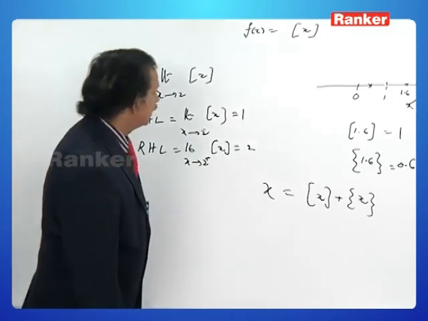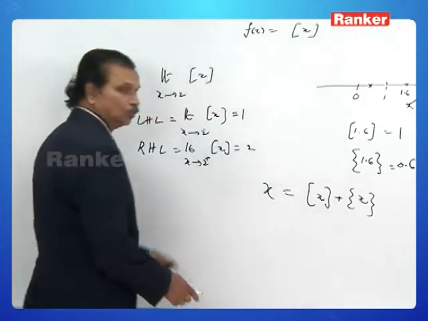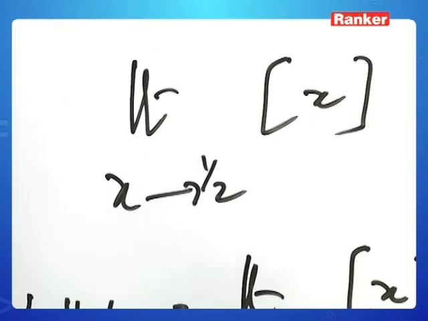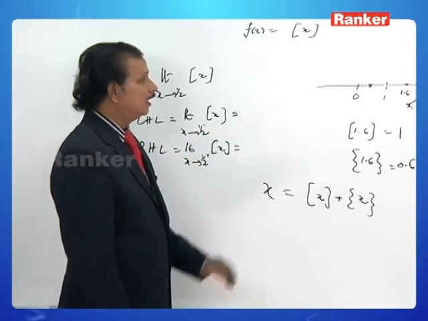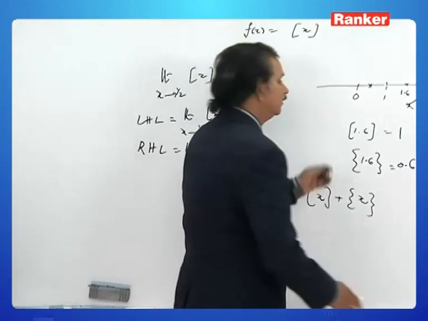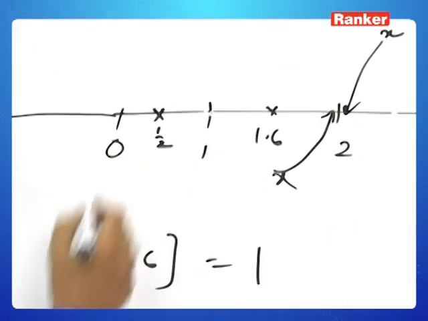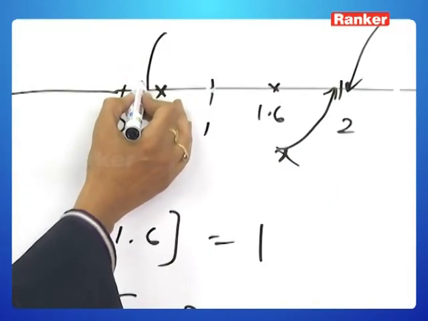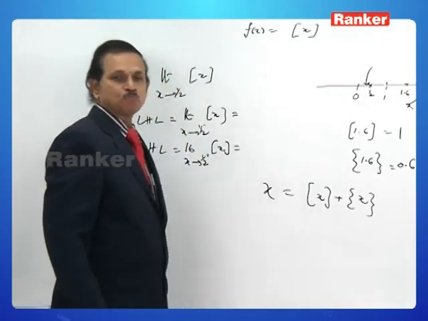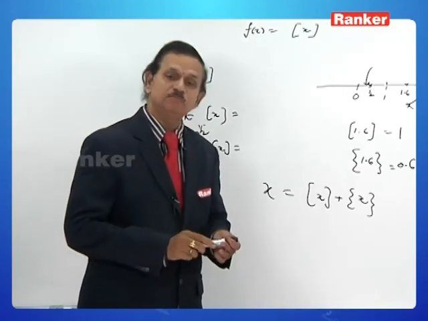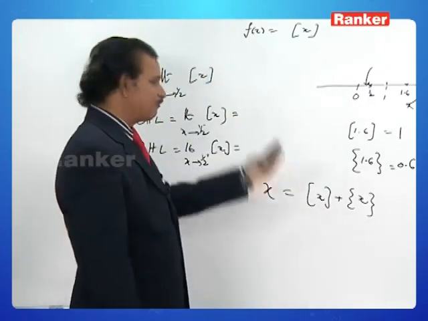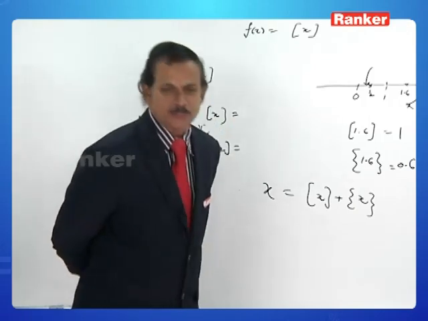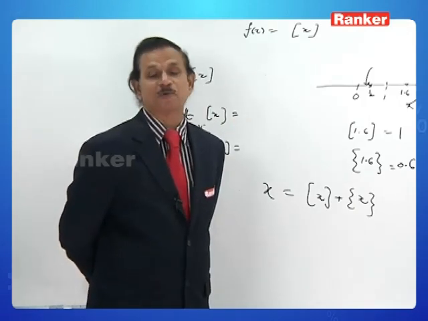Okay. If I change this 2 to 1 by 2, what happens? Half is a fraction. It lies between 0 and 1. This is half, 0.5. To the left of half means 0.499999999, but not 0.5.